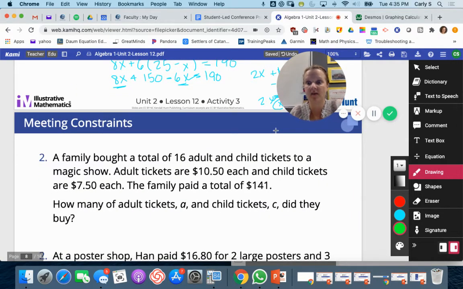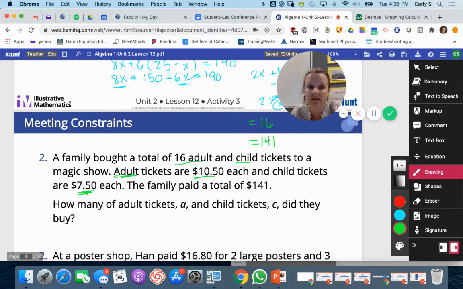Okay, another one. A family bought a total of 16 adult and child tickets to a magic show. Okay, so 16 adults and child. So the number of tickets total is going to be 16. Adult tickets are $10.50 each, and child tickets are $7.50 each. They spent a total of $141.